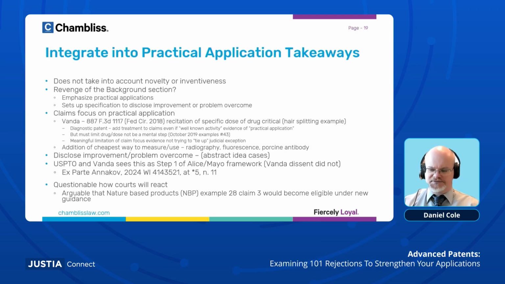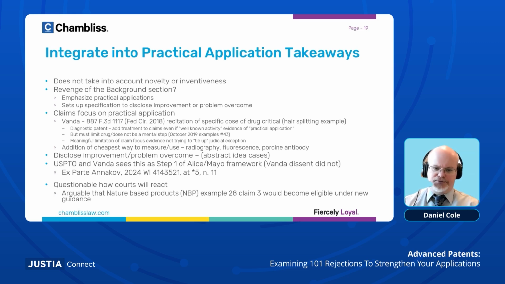But the second step, you do. So this gets you around having to get to the second step of Mayo, where you look at whether things are novel and non-obvious. But this means that it is questionable how courts are going to react to this.